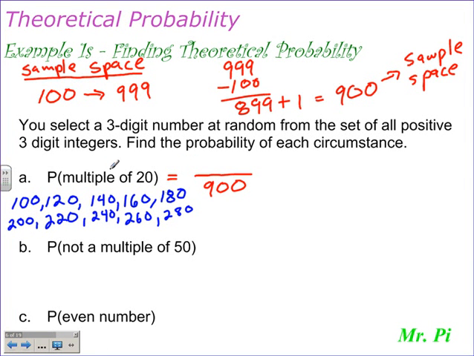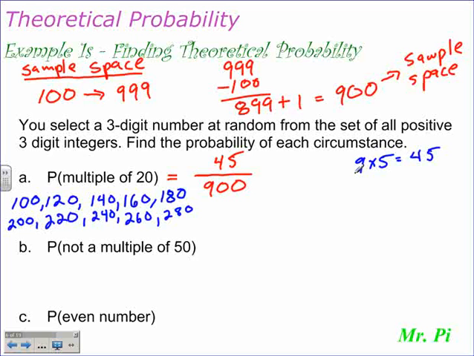So to figure out our numerator, we're going to go 9 times 5, which is equal to 45. 9 is because we were working with 900s, 100, 200, 300, all the way up through 900. And there are 5 multiples of 20 for each 100, so our numerator is going to be 45.